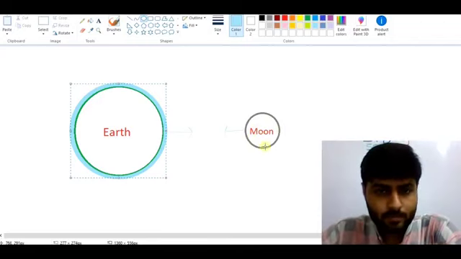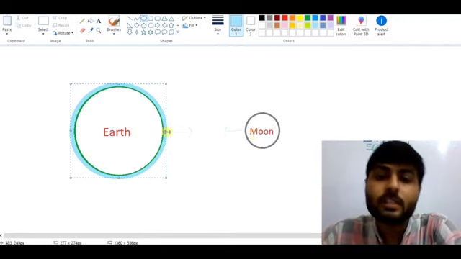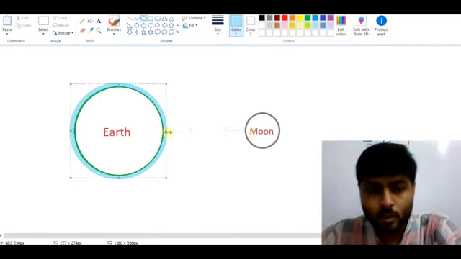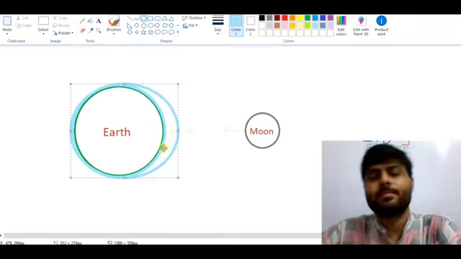Here we have moon. So there is a gravitational force of moon on this earth's water. So this water is attracted toward moon.